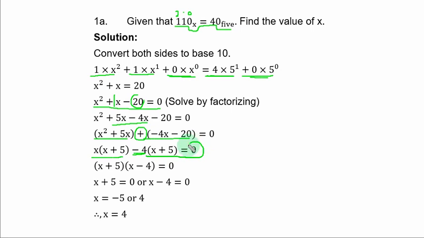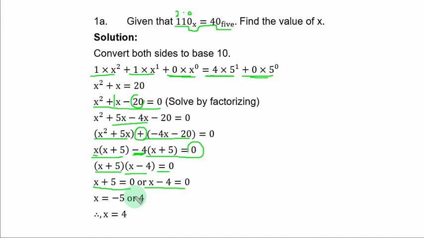You equate it to 0. Clearly, s plus 5 is common. If you take it out again, you are left with s and minus 4, which form the other bracket. You equate it to 0. If you equate each factor to 0, you have s plus 5 equal to 0 or s minus 4 equal to 0.